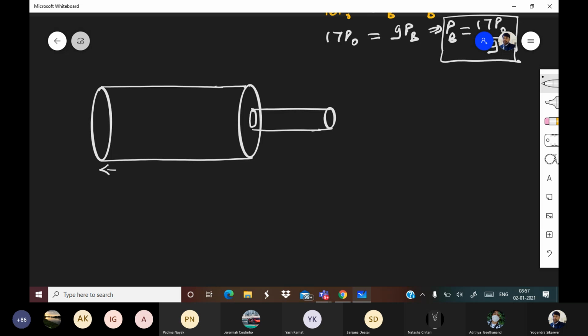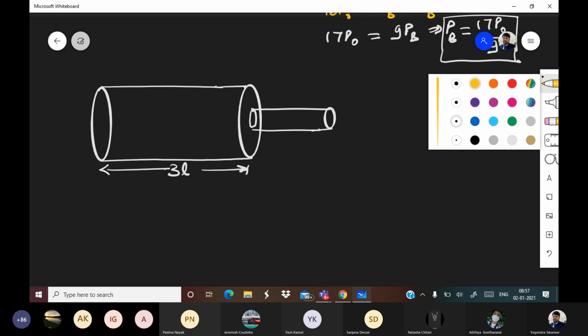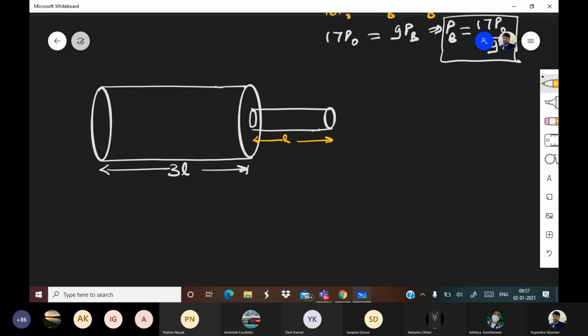Basically this length is 3L and this length is L. This radius is 3R and this radius is R. This point is A, this point is B, and this point is C. If PA is equal to 3P naught and PC is equal to 0.